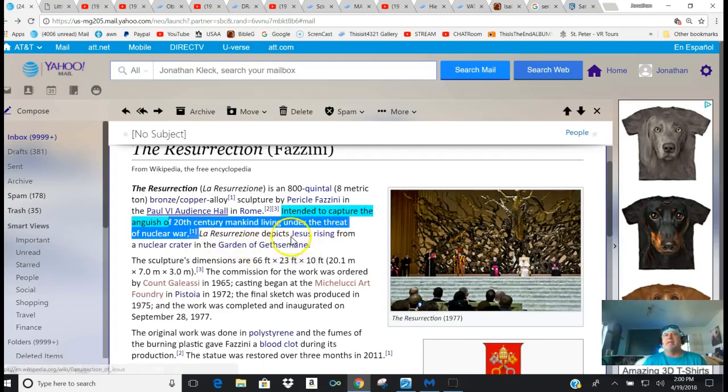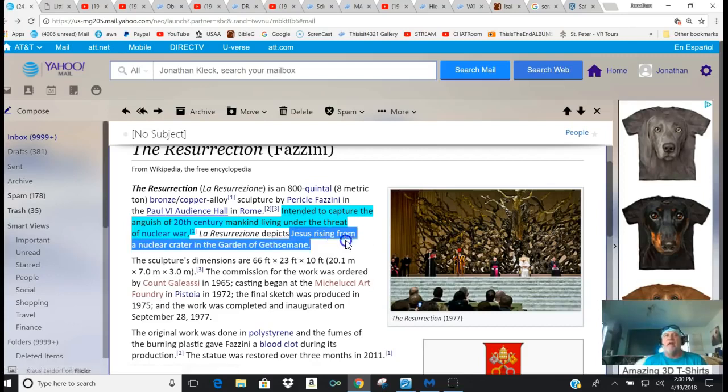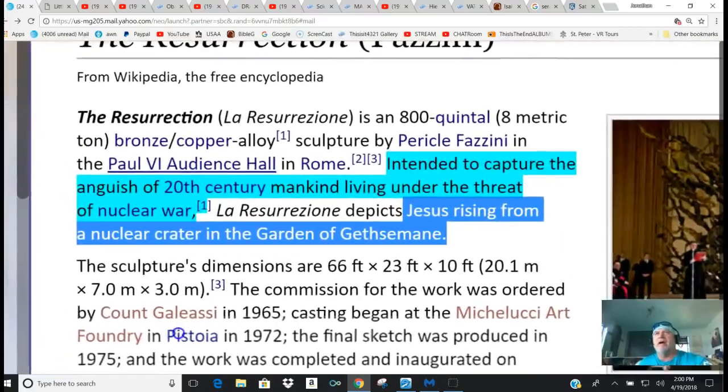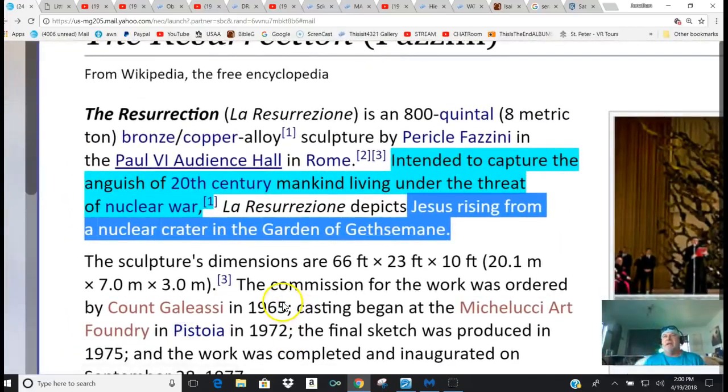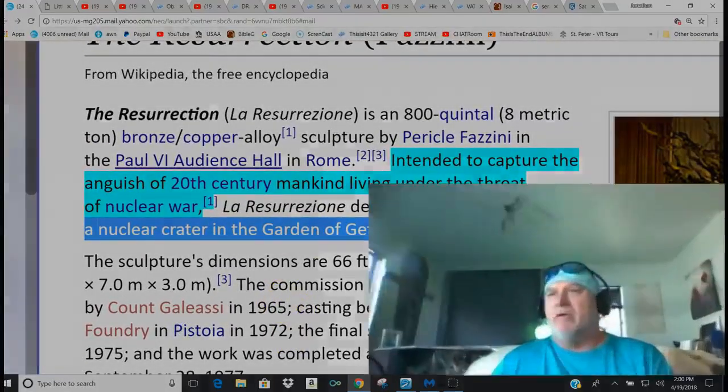The Resurrection depicts, look at this, Jesus rising from a nuclear crater in the Garden of Gethsemane. Okay, so this is not me speculating. This is not my opinion. This is what it is. So let's just break it down.